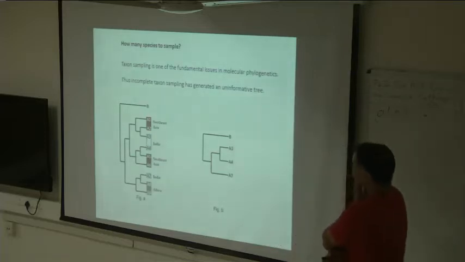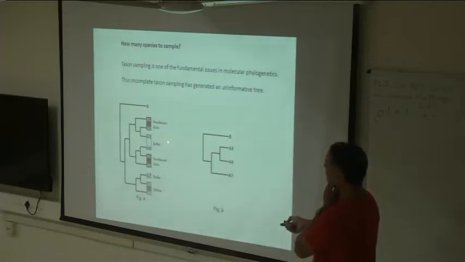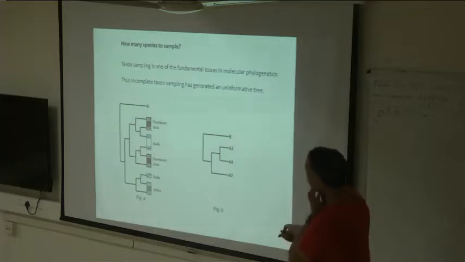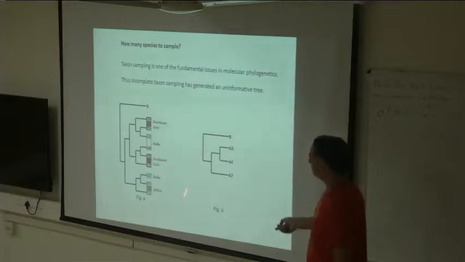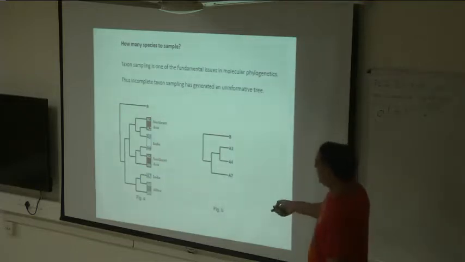So let me give you an example. Here is a genus, and it has 9 species across the world. In India you have 3 species. If you sample all of them, this is the tree you get. There's one species, A3 in India, which is related to species in Southeast Asia.